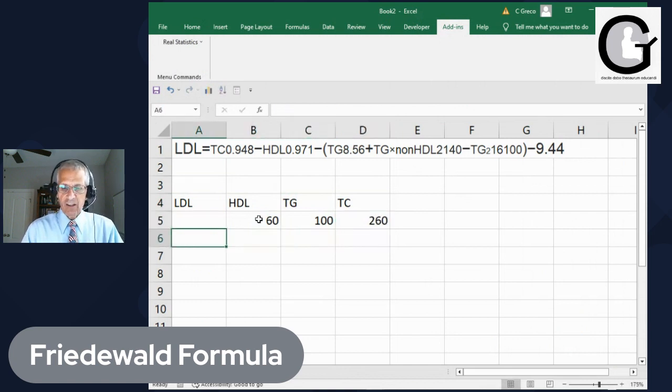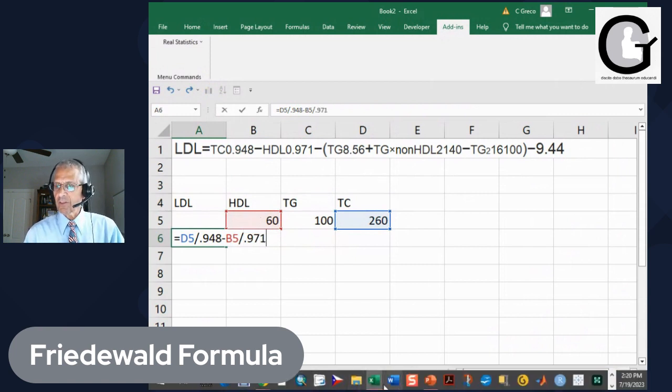Well, the LDL is going to be equal to the total cholesterol divided by 0.948, minus the HDL, which is here, divided by 0.971. I think that's the way. Let's make sure, I don't want to mess you guys up over here.